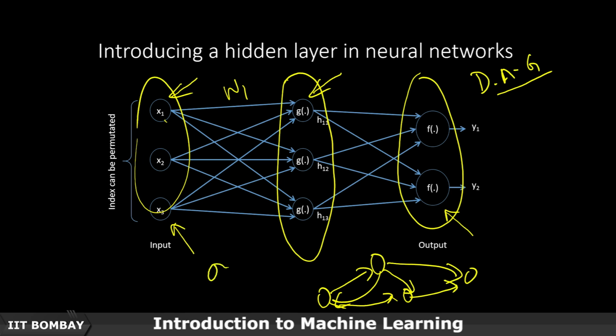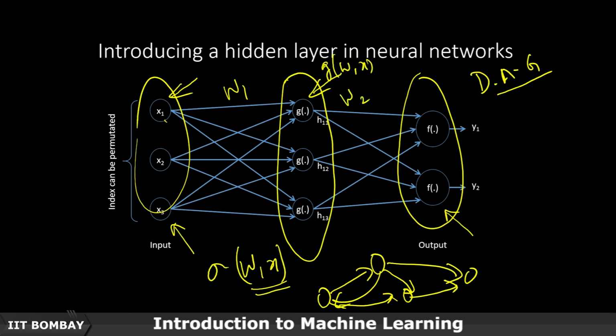If we have sigma of W1x, that doesn't mean that this is a scalar, it's a vector, but sigma is a scalar function which is applied pointwise to each element of that vector, and the output is treated as a vector of the same dimension as the input to the function. So basically this is sigma of W1x, or g of W1x, and then we have W2.